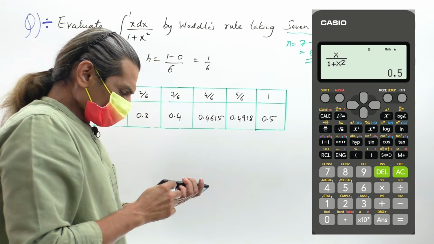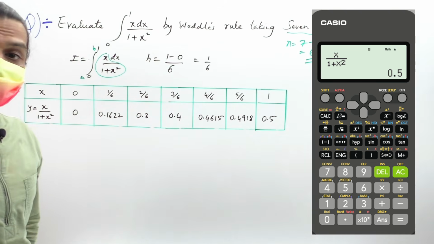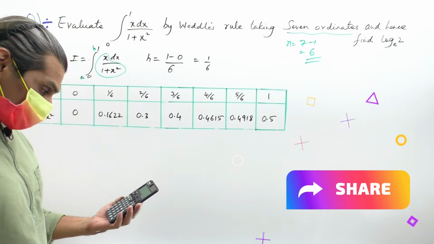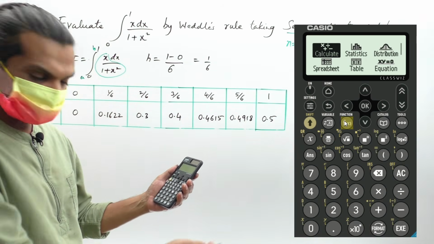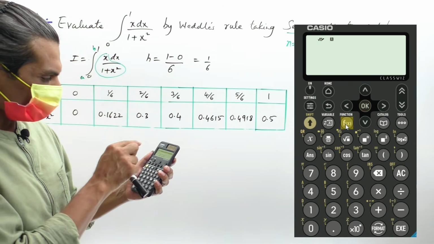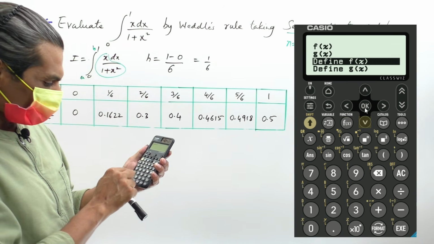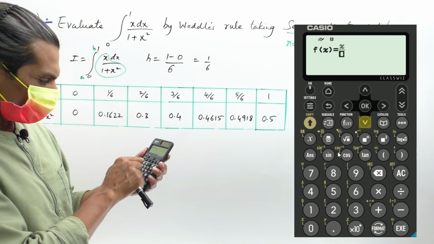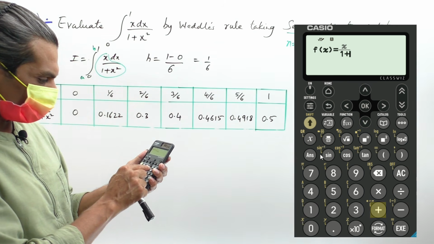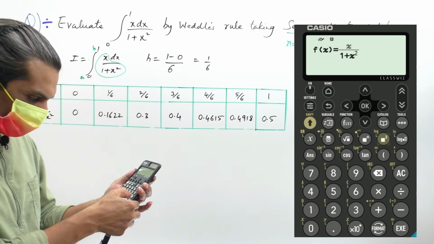Now the same process I show using the calculator FX 991 CW. Here we need to input the function. Press function, then go to define function. So we have fraction x over 1 plus x squared. Done. Now execute.